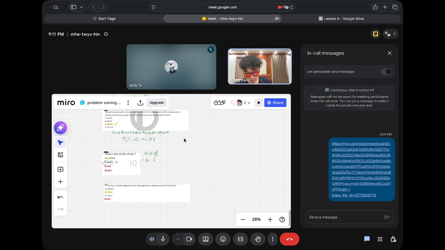So if 1 micron equals 10,000 angstroms, then 100 angstroms is what percent of 10 microns? Now we know.